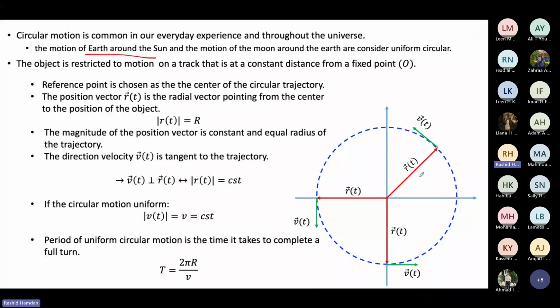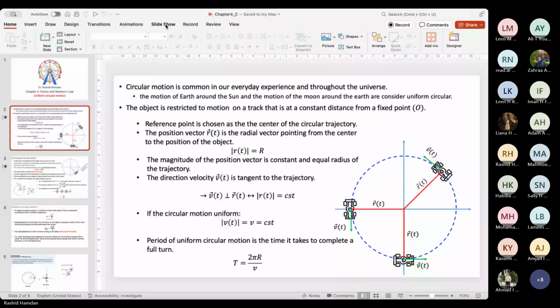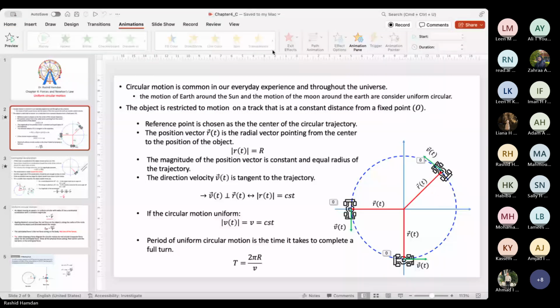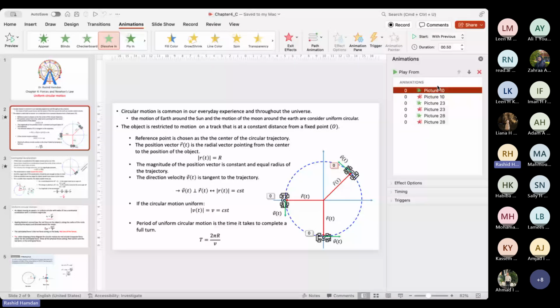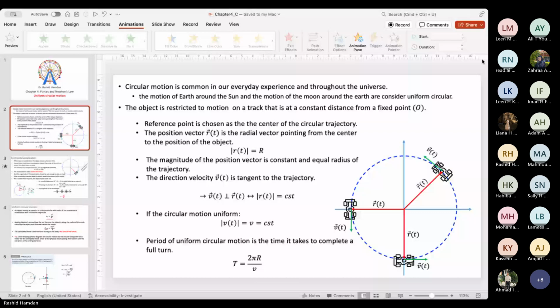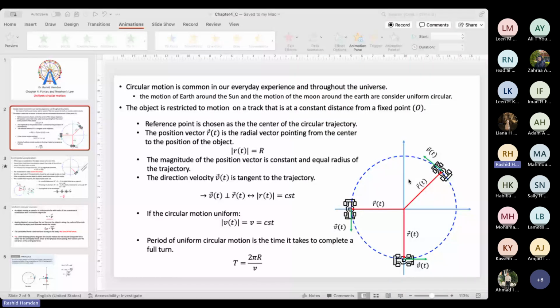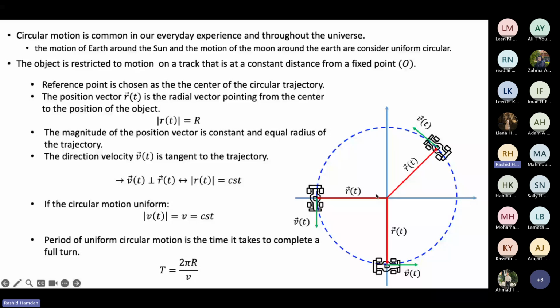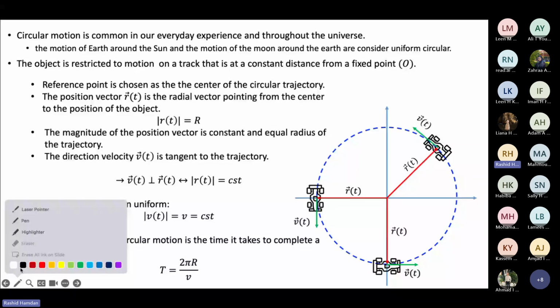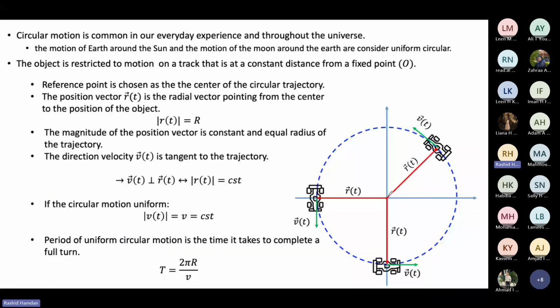So if we look at the car going in a circular track, and I choose the reference point as the center of the track, the position of the car is represented by this vector, the position vector.